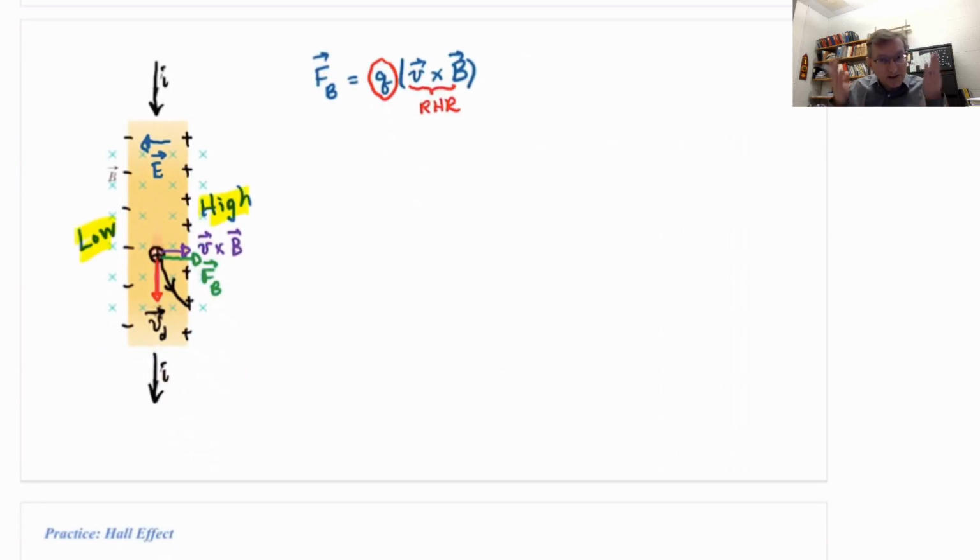And you can easily determine that with a voltmeter. So this Hall effect can let you determine the sign of the charge carriers in a conductor. It is a very useful phenomenon. Okay? And as I said, we will use it in the next experiment.